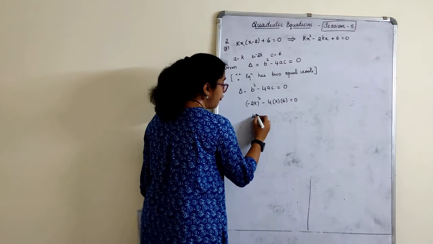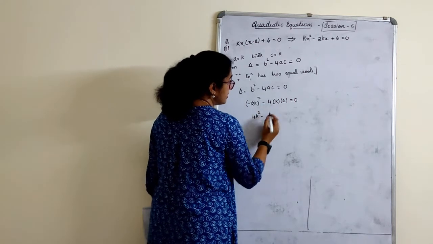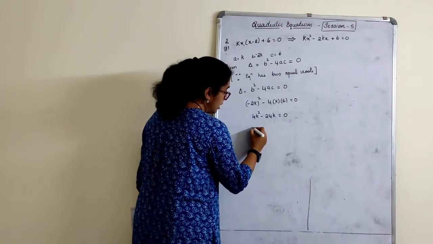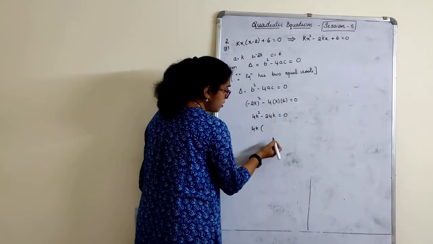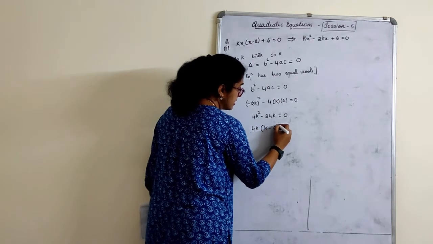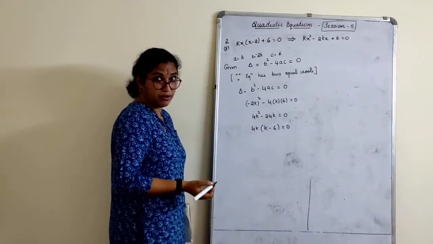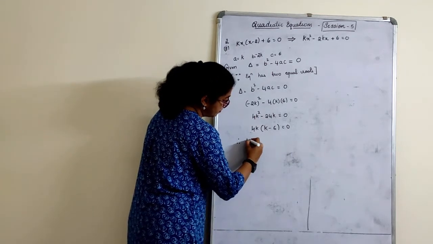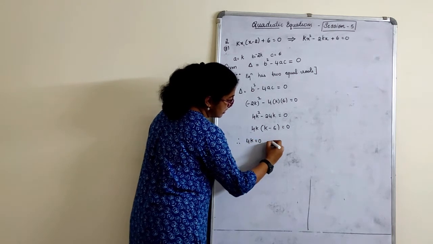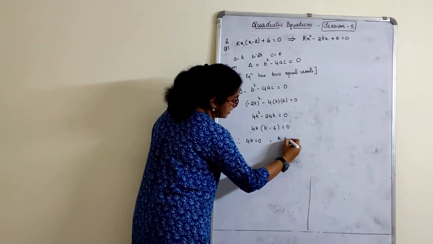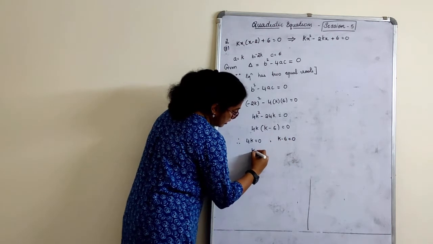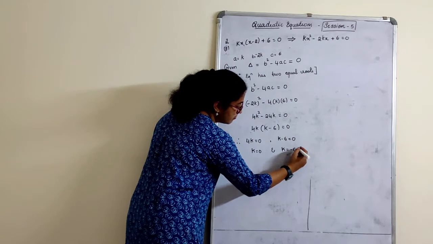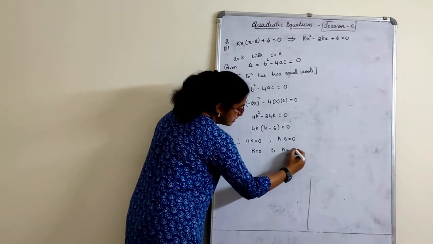So this is 4k square minus 6 4s are 24k is equal to 0. I take 4k common. So what will remain? k minus 6 is equal to 0, right? Here we have two roots now. Therefore 4k is equal to 0 and k minus 6 is equal to 0. k is equal to 0 and k is equal to plus 6.